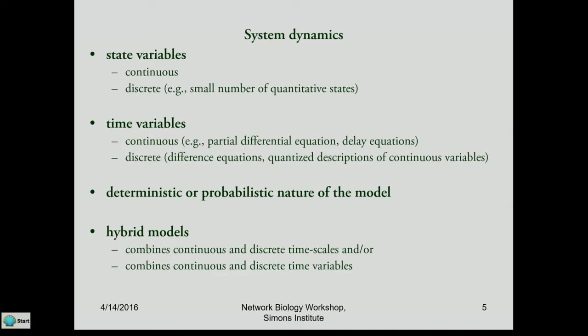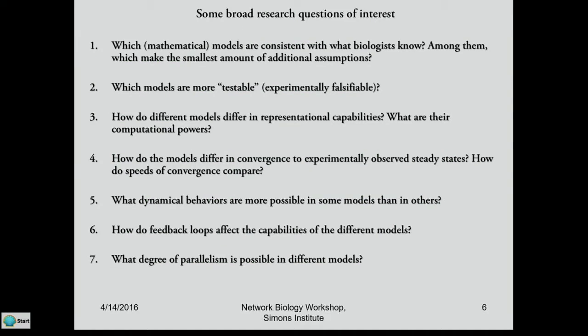It could be deterministic, probabilistic in nature. So, on a very broad level, there are lots of basic research questions that are of interest, like which models are experimentally falsifiable, so that they can be discarded, how models differ in terms of computational power, how feedback loops affect the capabilities of different models, which is a very interesting topic, and what degree of parallelism is possible in different models.